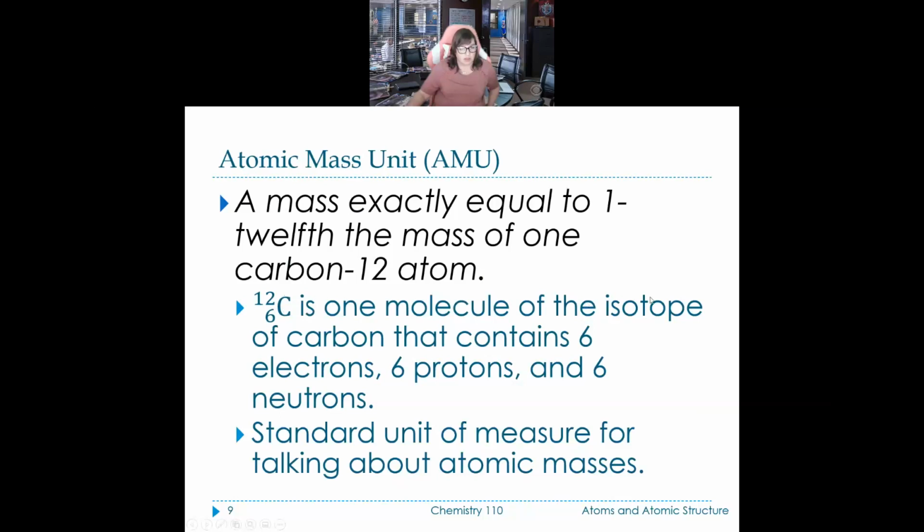Carbon-12 is one atom of the isotope of carbon that contains 6 protons because it's carbon, 6 electrons because it's neutral, and 6 neutrons. This number is the sum of the protons and neutrons. That's how I know it's 6 neutrons. So the standard unit for measuring atomic mass is atomic mass units.